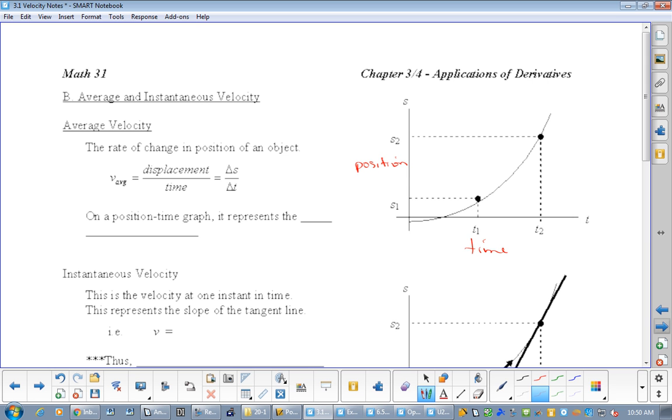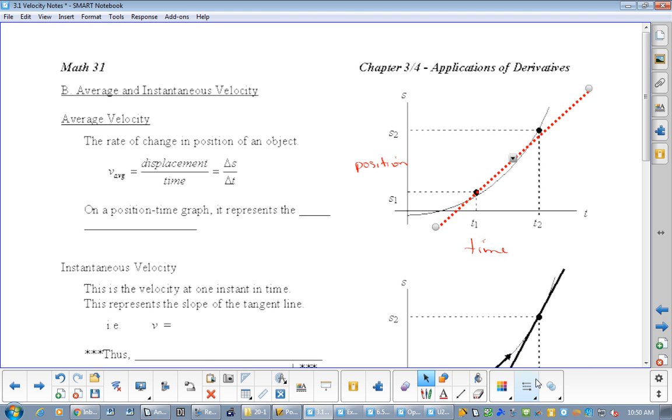You've got 2 points, point 1 and point 2. Go find the average velocity. On a position time graph, that represents the slope of the secant line.